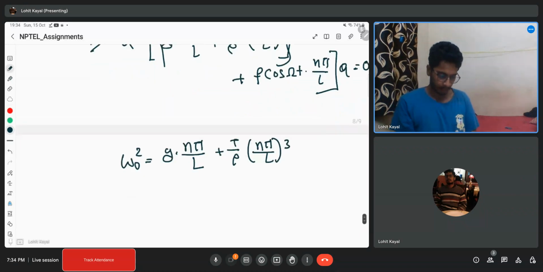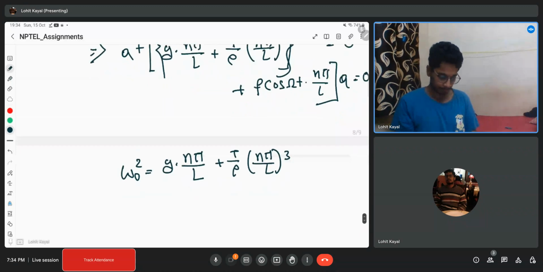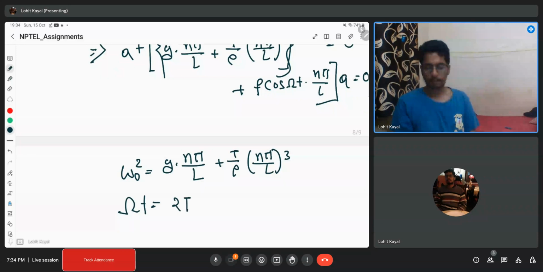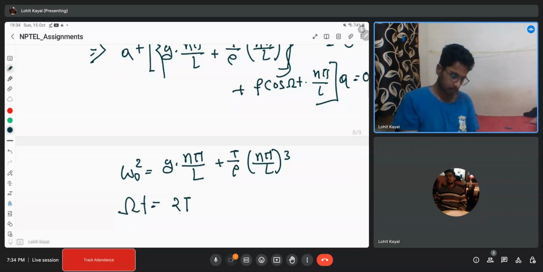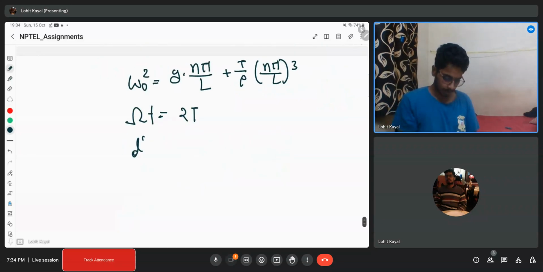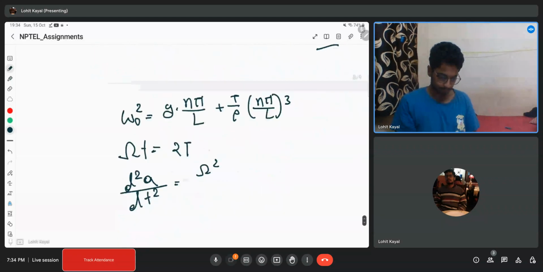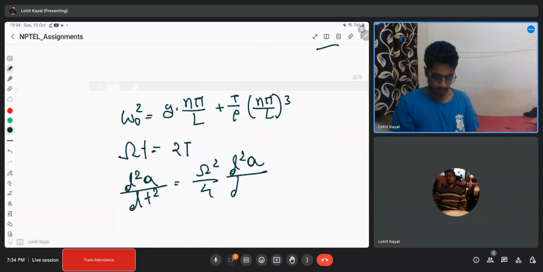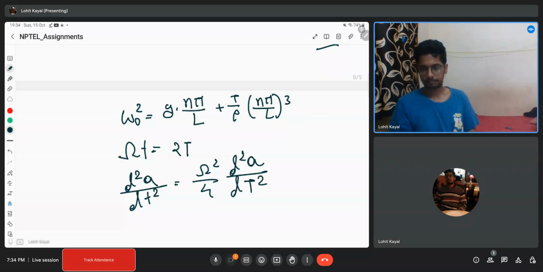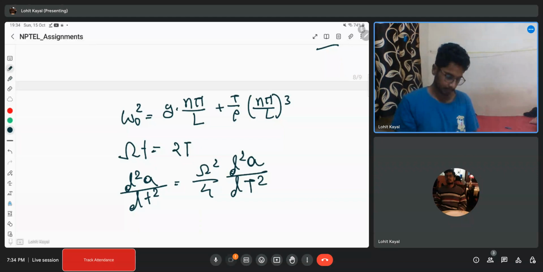And we will define the transformation omega t equal to 2T. So my d square A dt square will be omega square by 4 times d square A dT square.